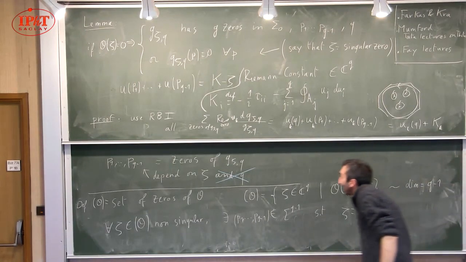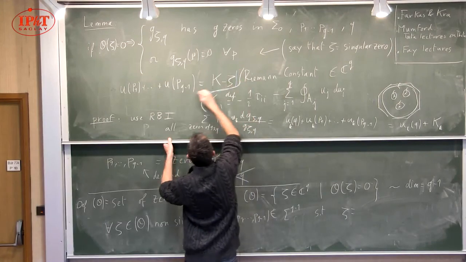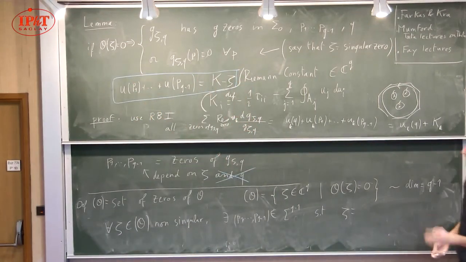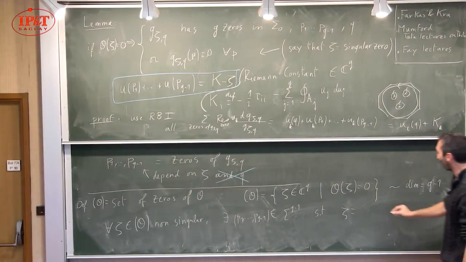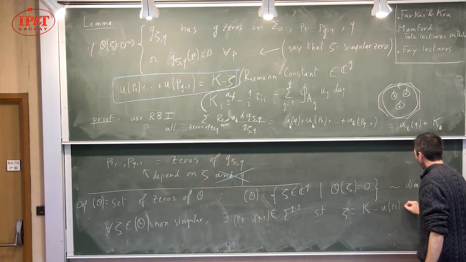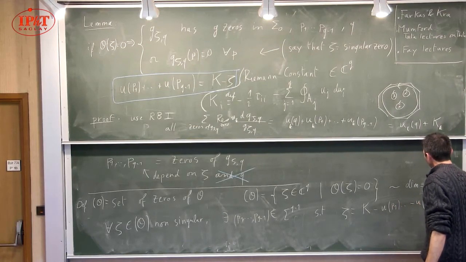The theorem was that one. So such that zeta equals K minus u of P1 minus ... minus u of P(g minus 1).